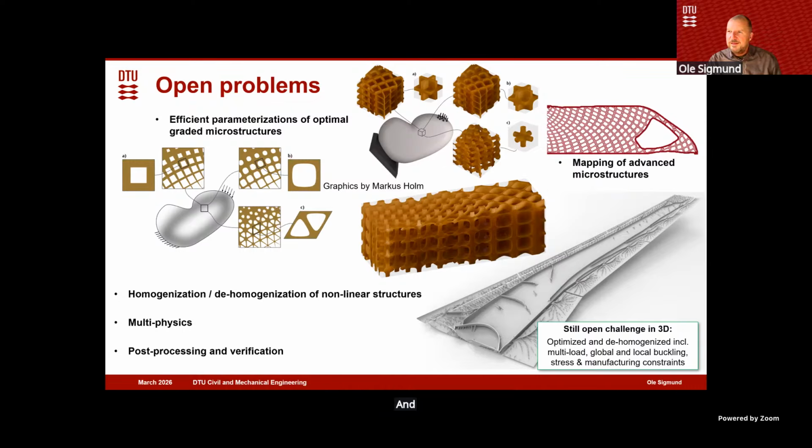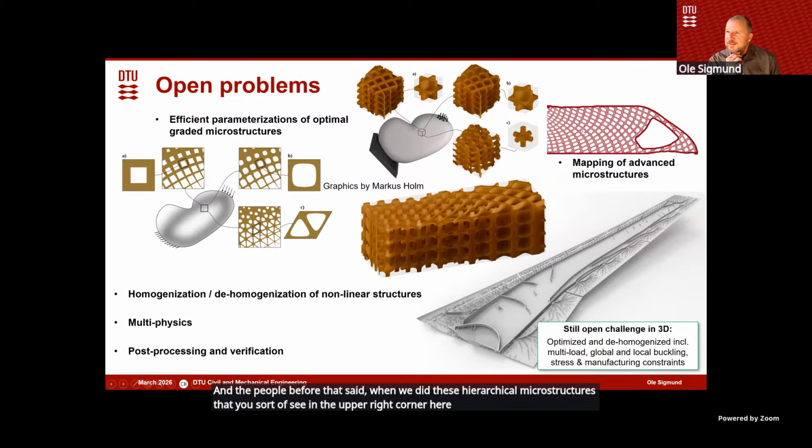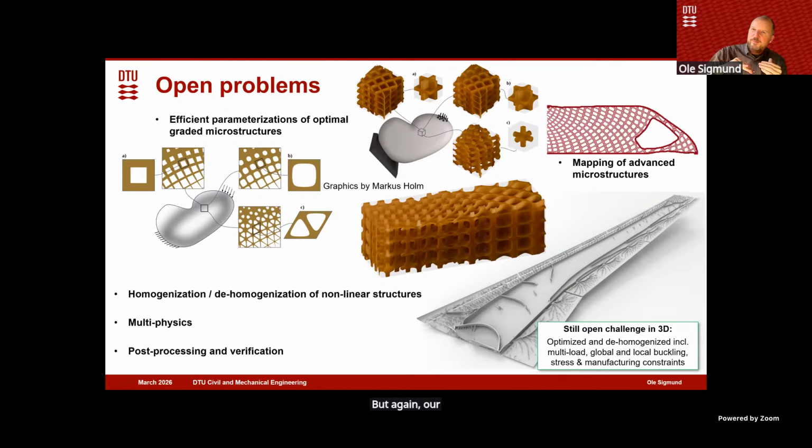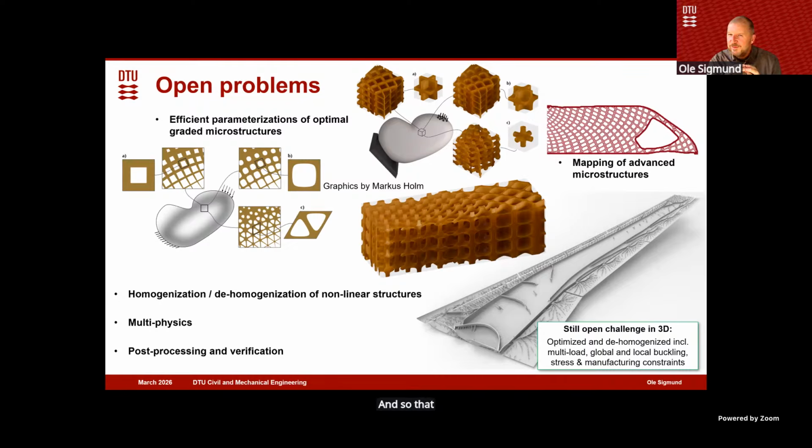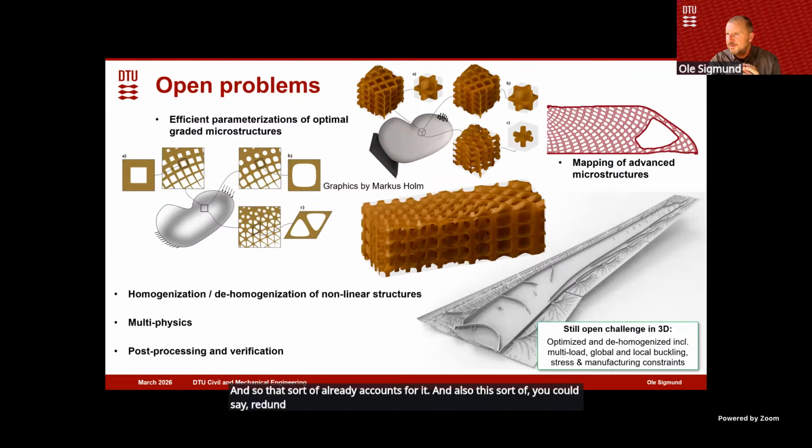And the people before that said, when we did these hierarchical microstructures that you see in the upper right corner here, they said, well, it's good you're maximizing them and getting multiple simultaneous failure modes, and so these are going to be catastrophically buckling. But again, our experience was that the buckling load in physical experiments was actually higher than the linear buckling analysis. And so that already accounts for it. And also these redundant structures, you could say, made it less susceptible to failure, because it could break a little part of it and then there would still be other parts there.